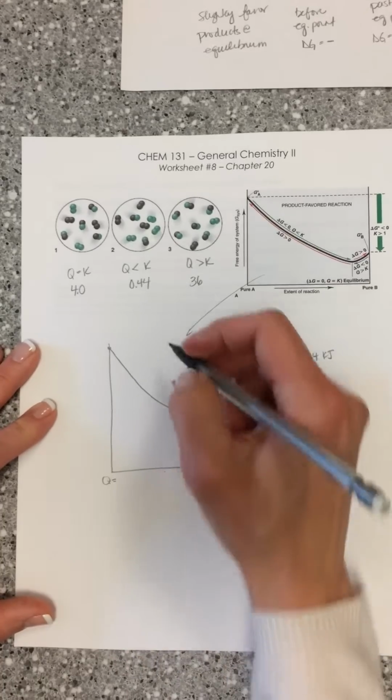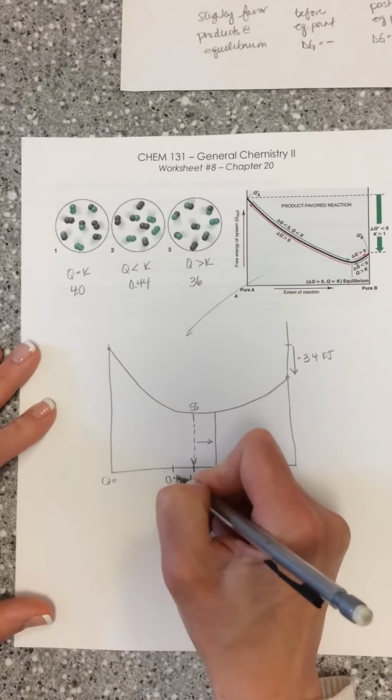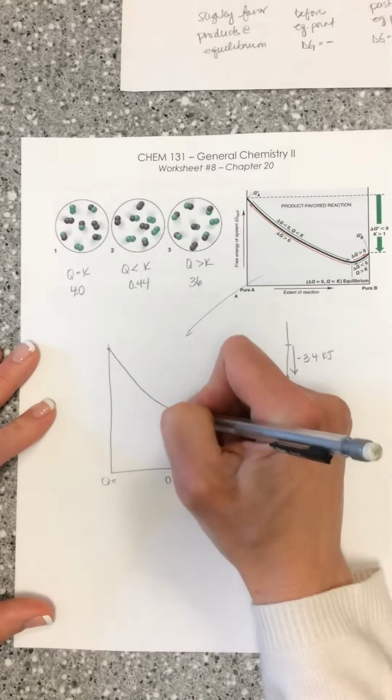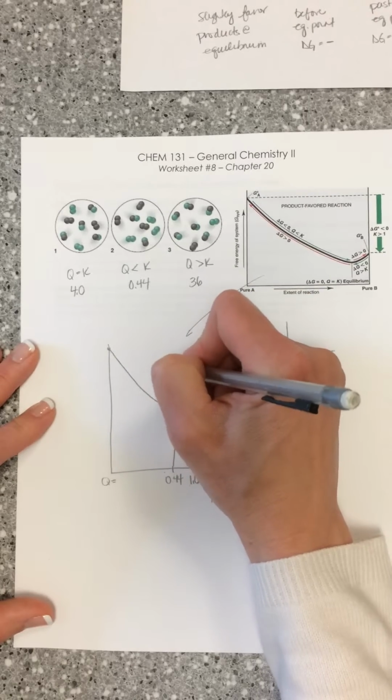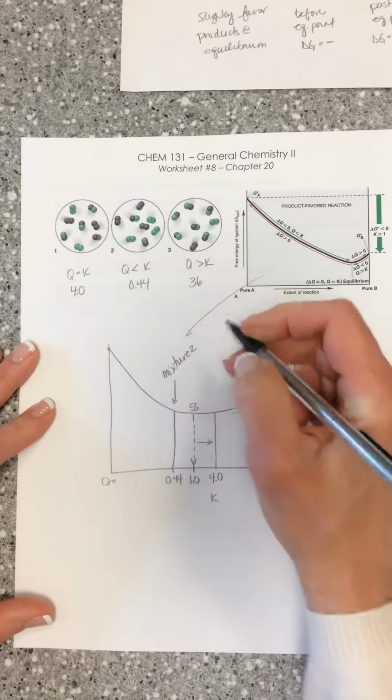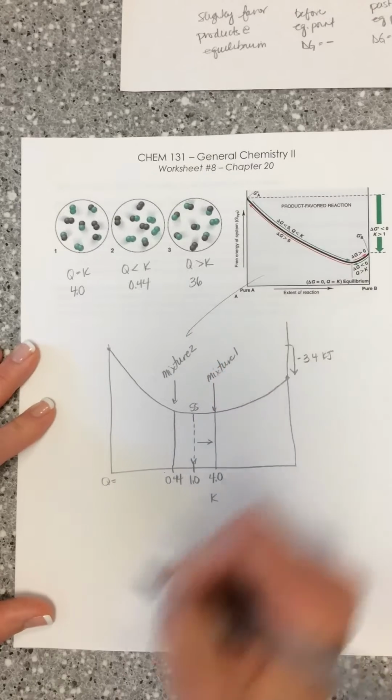When we had mixture 2, it had 0.44. So again, this is mixture 2. This guy was mixture 1.